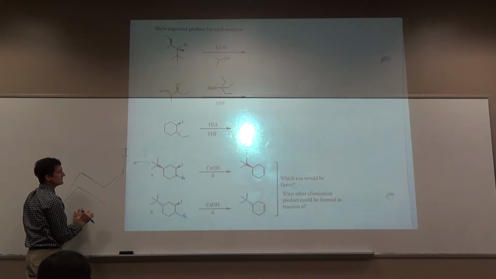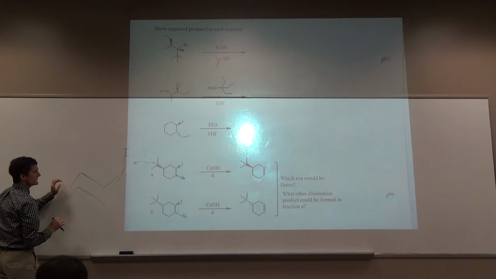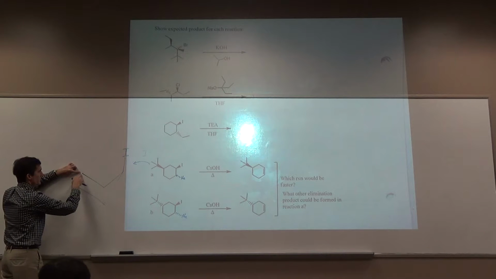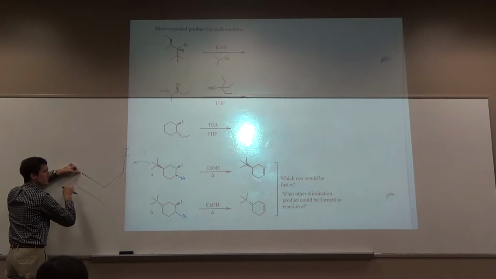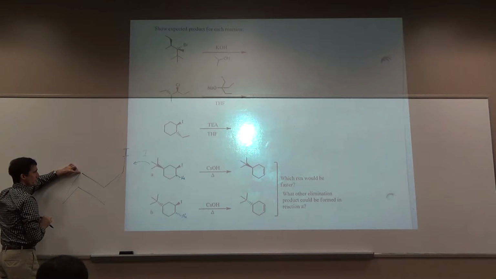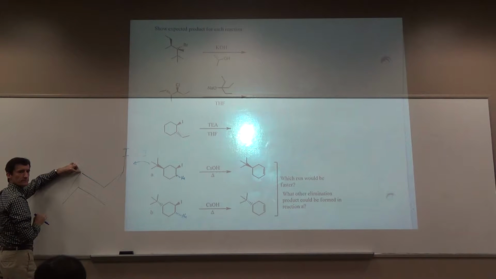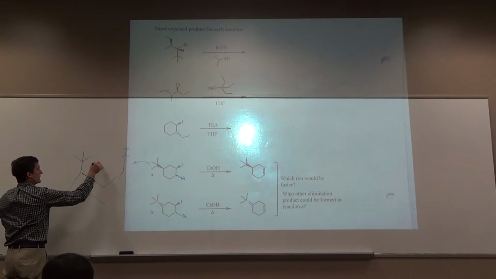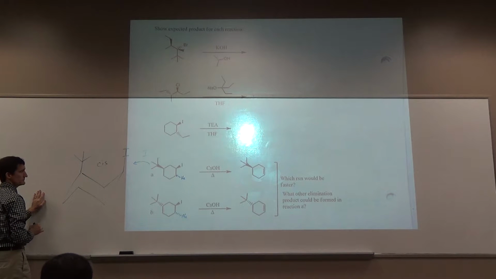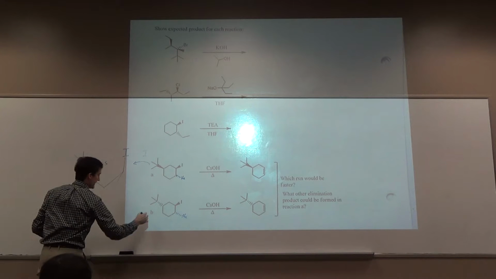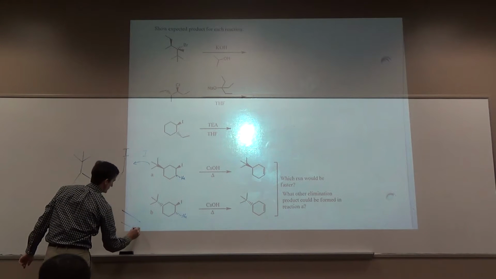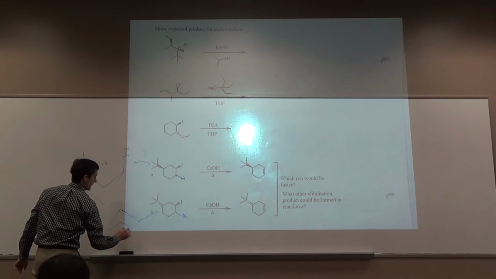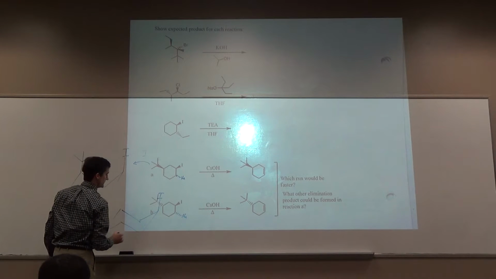When it's axial, how's the t-butyl? The t-butyl would be over here. 1, 2, 3. They're cis, so the t-butyl would be what? Also axial. These are cis. This guy here, the iodine is axial.